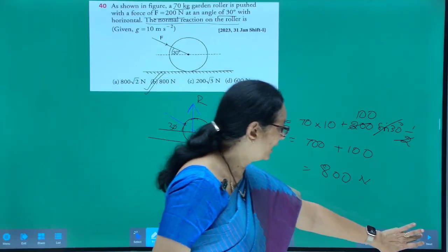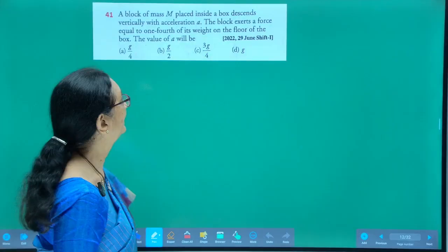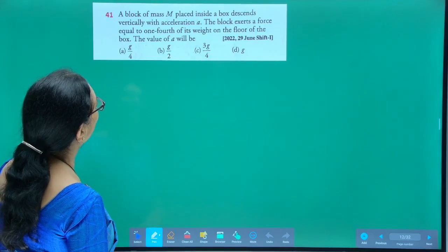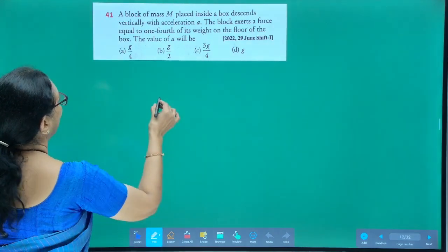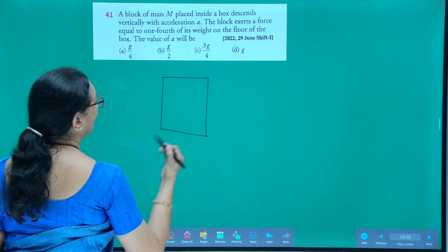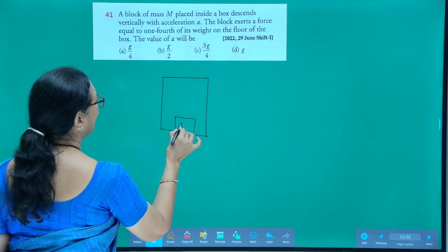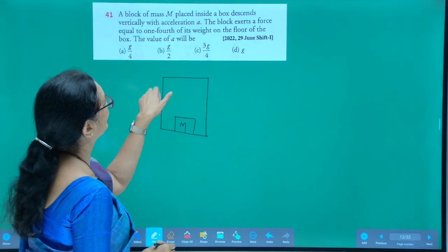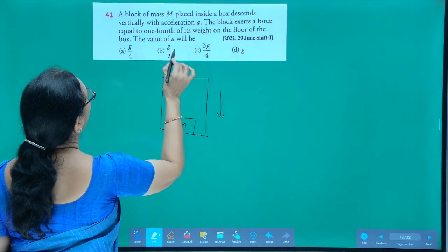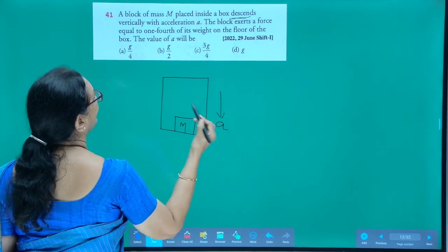Okay. Now, move on to the next problem. See here, a block of mass m is placed inside a box which descends vertically with an acceleration a. This is a box, and a block of mass m is placed inside this big box, and this big box descends with an acceleration a.